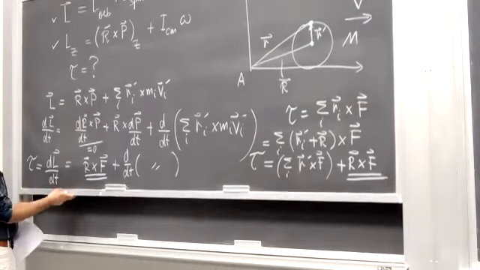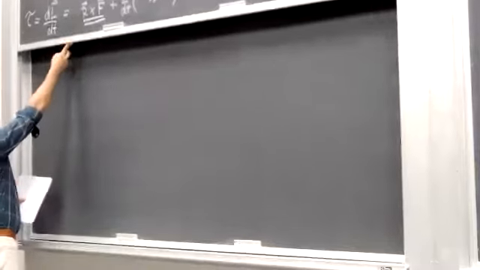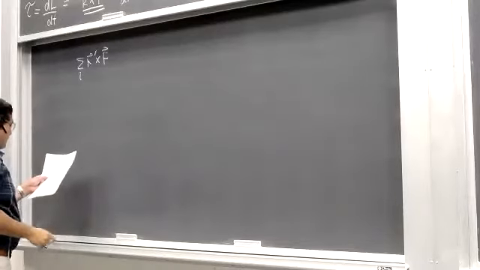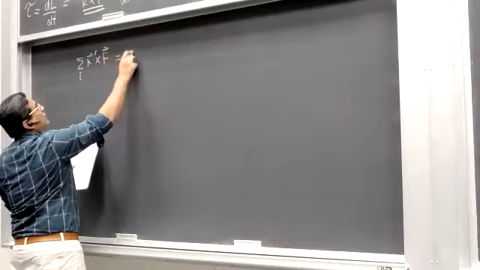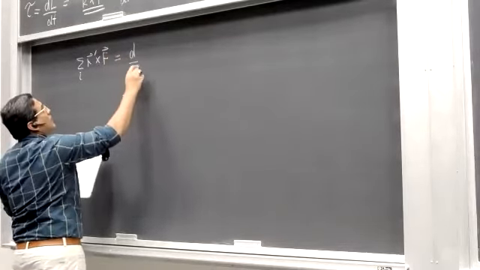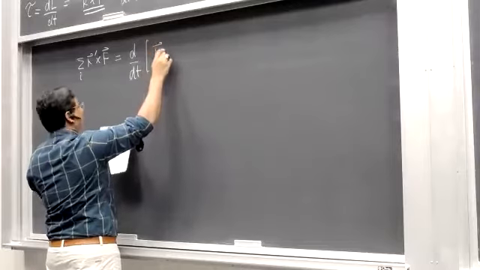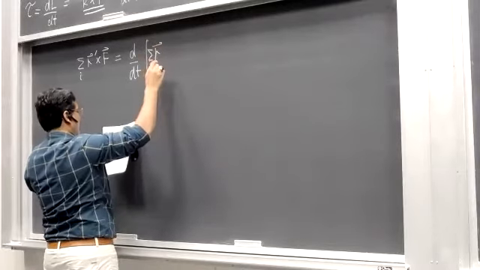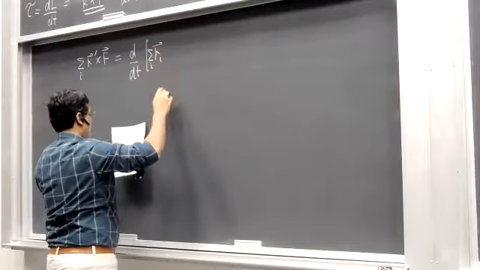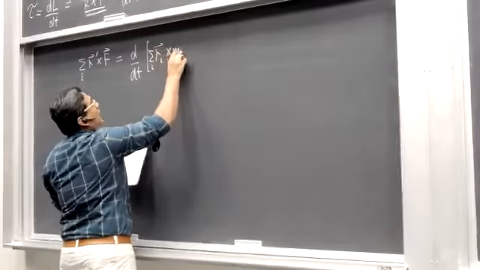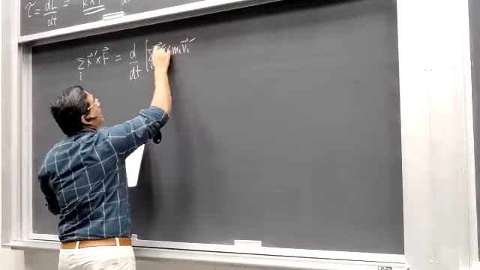And what I get is this: R cross F equals d over dt of the sum of mi vi, both primed.